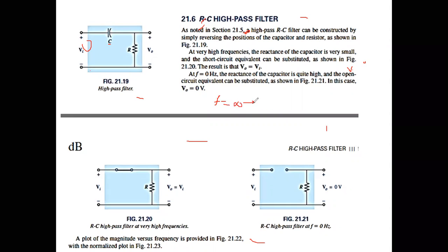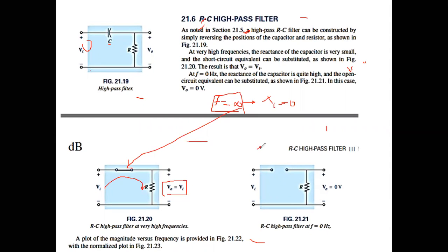Xc equal to 0 means no drop, and no drop means short circuit. So Xc will act as a short circuit, and all of the drop of Vi will appear across the R. So V naught will be equal to Vi for f equal to infinity, meaning high frequencies.